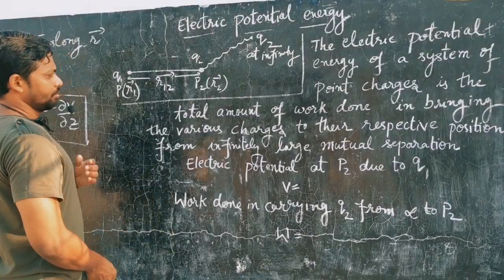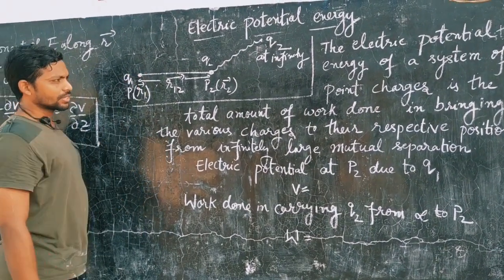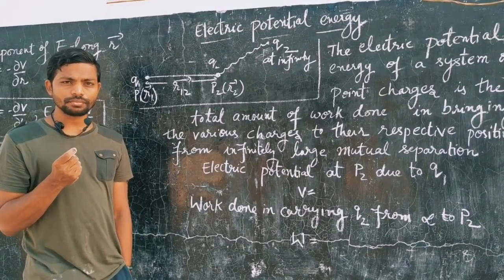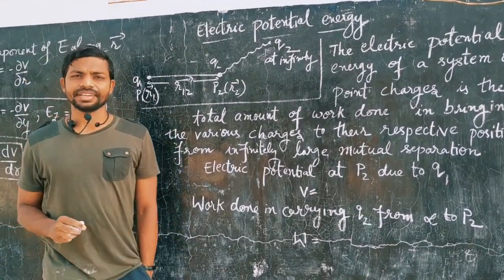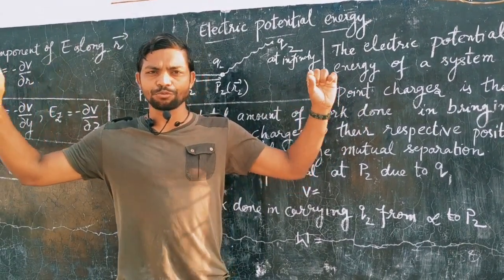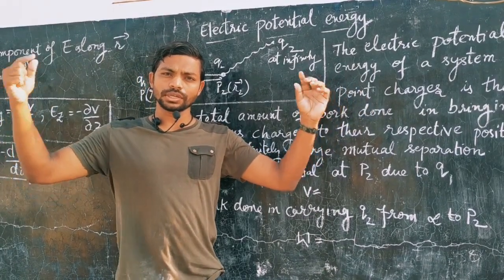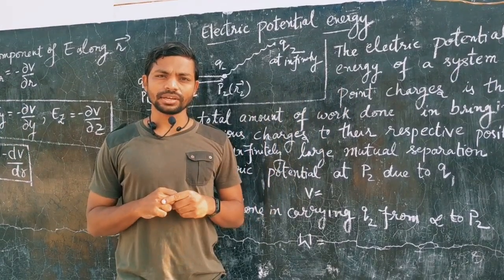So here we can see I have considered a system of 2 point charges. One is Q1, other is Q2. Let's say these two are very far away at a distance infinity. When they are at infinity, they don't exert or influence each other by their electric fields, right?